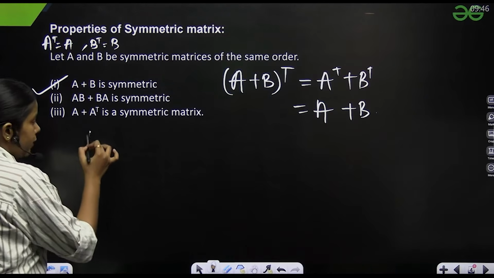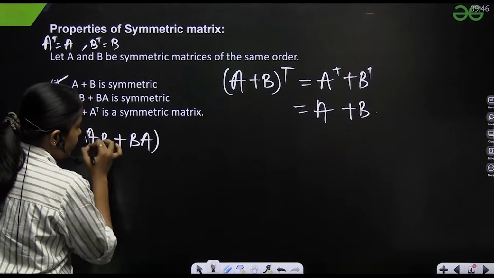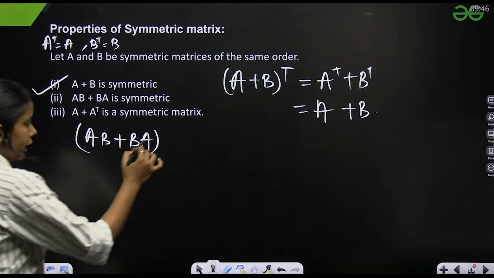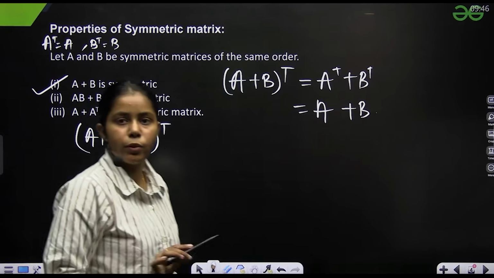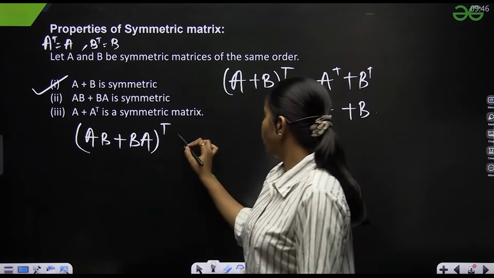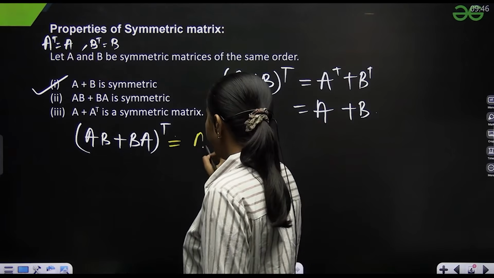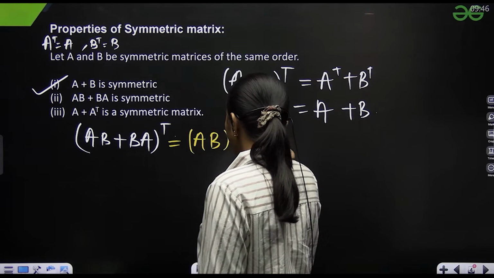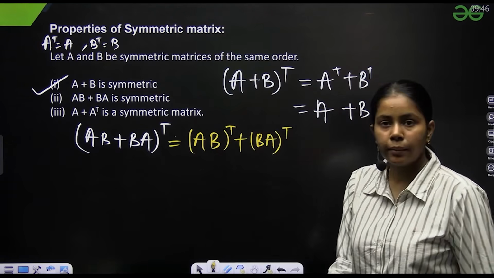Similarly for the second one, let's check whether AB plus BA is symmetric or not. I'll take a transpose. AB plus BA transpose is equal to AB transpose plus BA transpose.